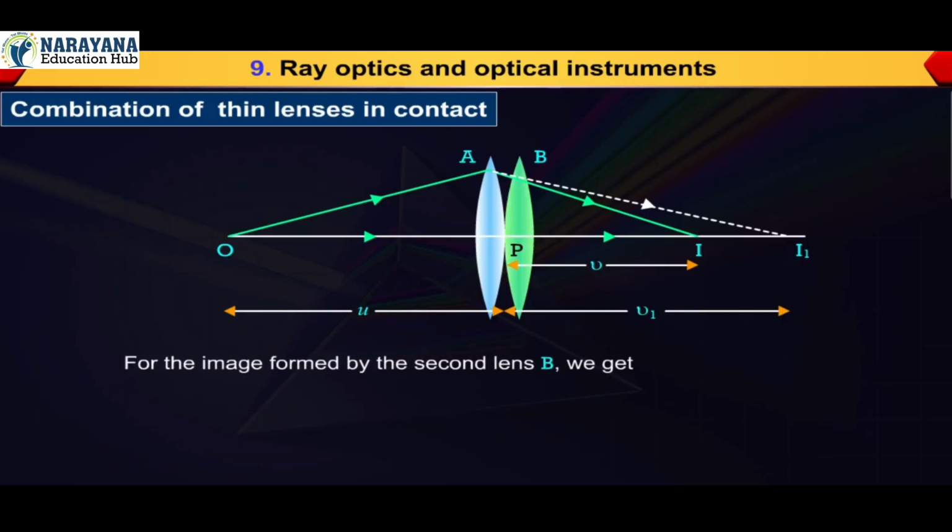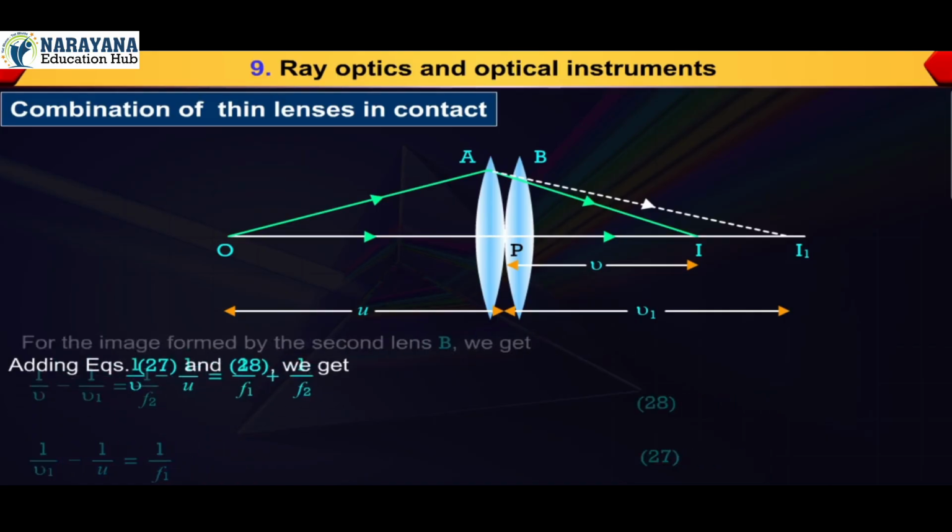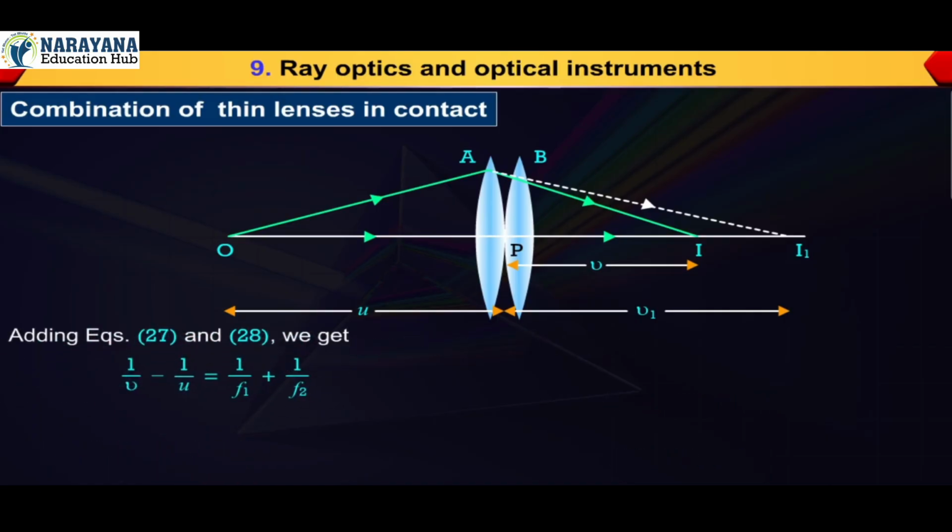For the image formed by the second lens B, we get 1 upon v minus 1 upon v1 is equal to 1 upon f2, equation 28. Adding equation 27 and 28, we get 1 upon v minus 1 upon u is equal to 1 upon f1 plus 1 upon f2, equation 29.